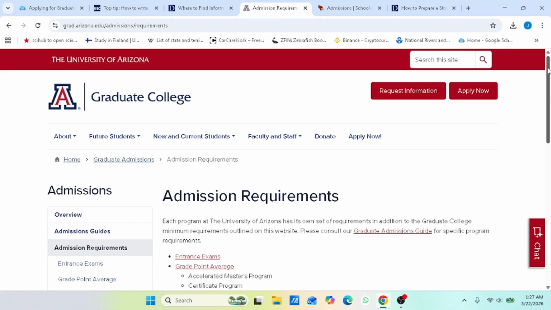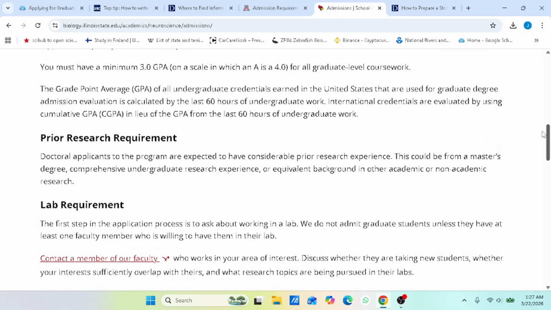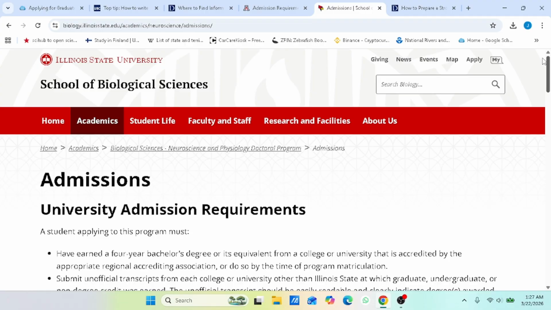Let us have a look at a sample program which has stated its own admission requirements. You can see this is Illinois State University in the USA, School of Biological Sciences.